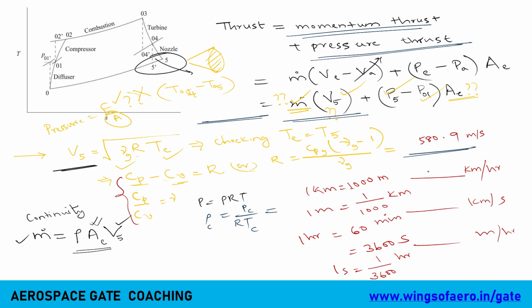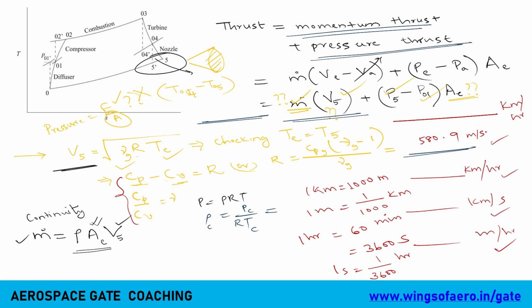Don't blindly convert it. If you still have some confusion, put these things over here based on from which point to which point you want to convert. So you will get your idea. Many times in GATE, they will try to confuse you. Sometimes they will give you a blank and ask you to convert this into meter per hour, but here you are getting the answer in meter per second.